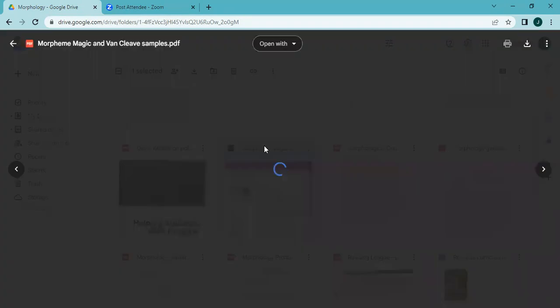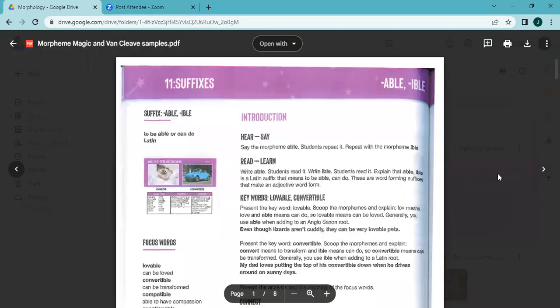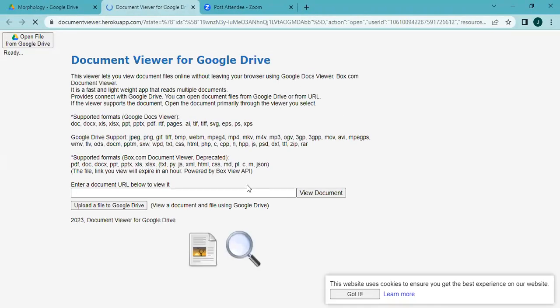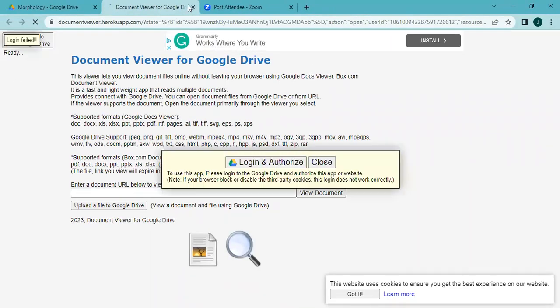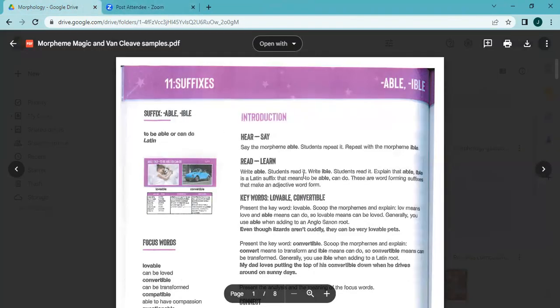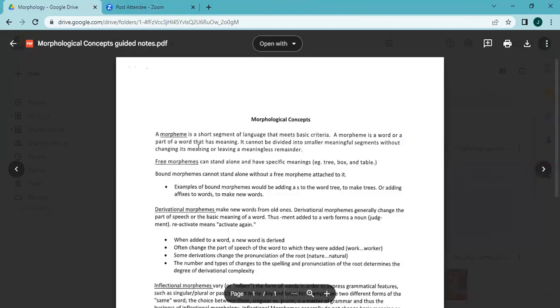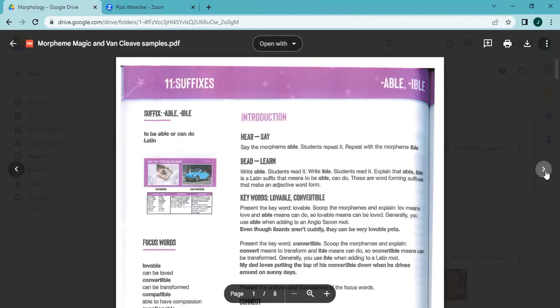Morpheme Magic is a book that came up last session that folks were asking about. And this is for older kids. I do see that, I don't know how to do this. I am on a loaner computer here.